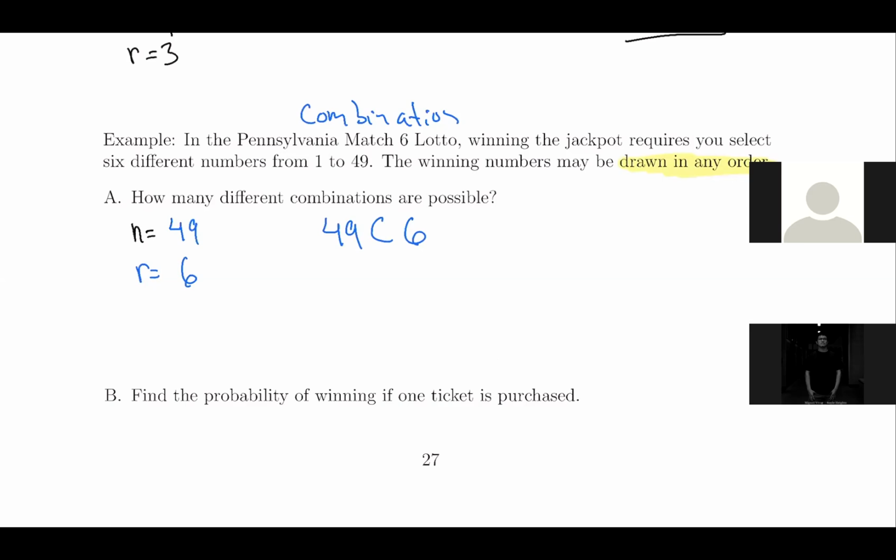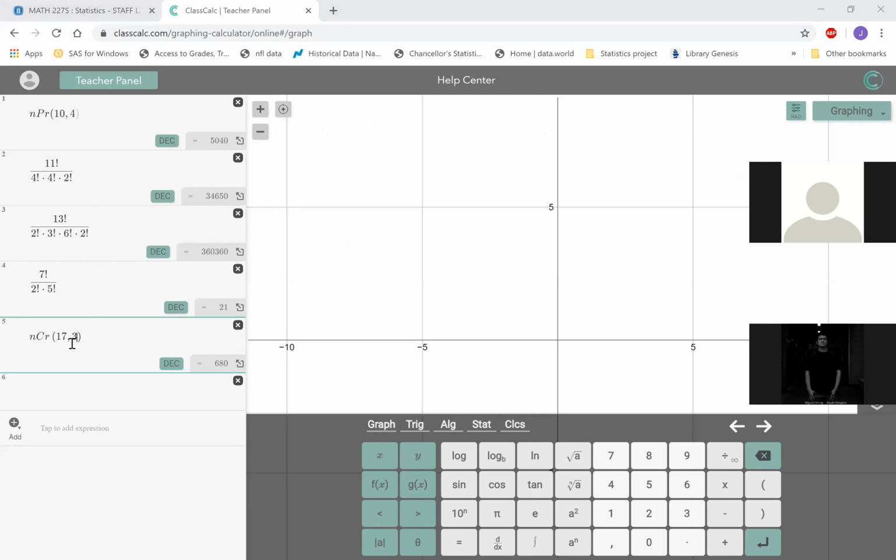Here, let me switch over to ClassCalc in case you want to see this. A long number. That's why we chose the lottery. So you want to do 49, and then we'll do 6.